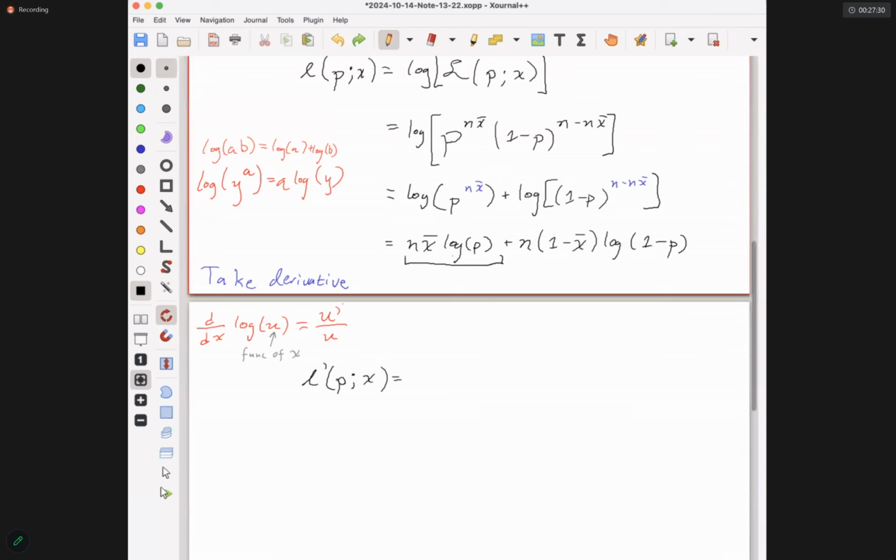And it's going to be that over p and then times this nx bar out here still. So it's nx bar divided by p plus, applying that same sort of thing here, what is the derivative of this, the log 1 minus p?